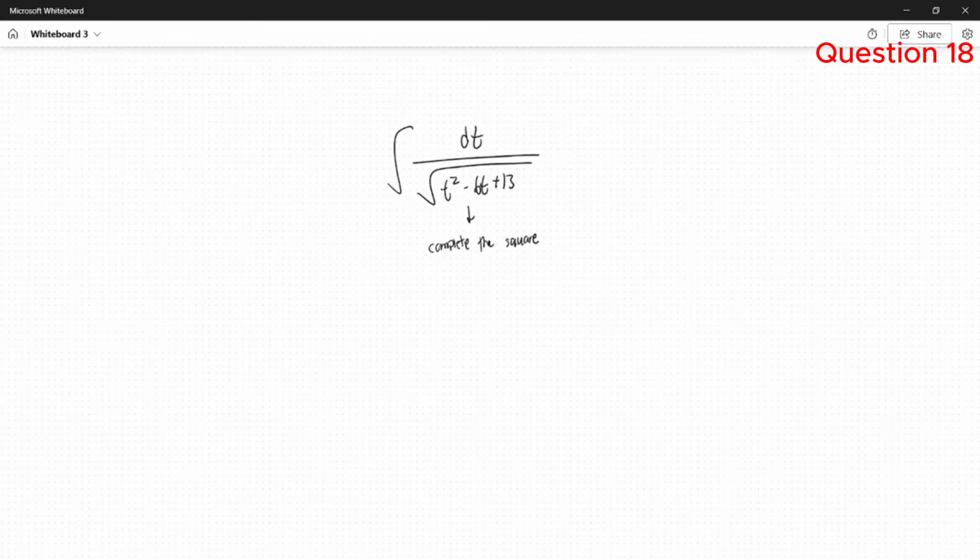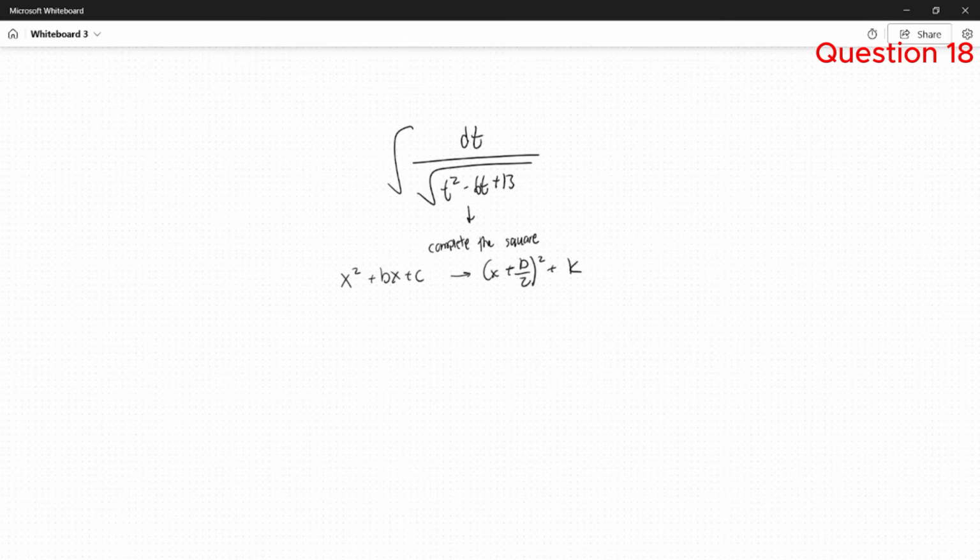Completing the square says that if I have a polynomial, in this case where the constant for x squared is equal to 1, x squared plus bx plus c, I can turn that into a sum of a perfect square polynomial and a constant, which would be equal to x plus b over 2 squared, and then plus another constant k.